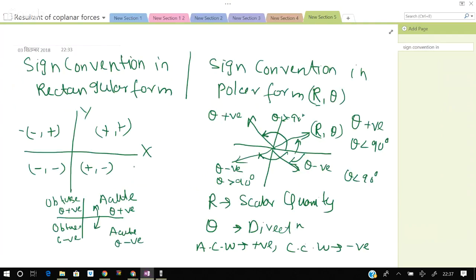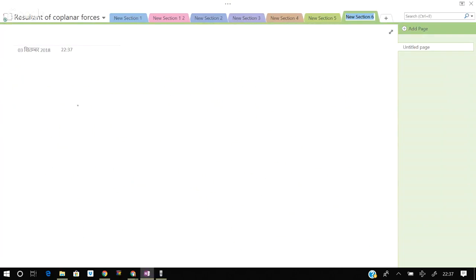So the next thing we need to study is center of gravity and center of mass. For studying these, we should first understand what a centroid is. Now the centroid is defined as the geometrical center of the body. So it is the geometrical center.